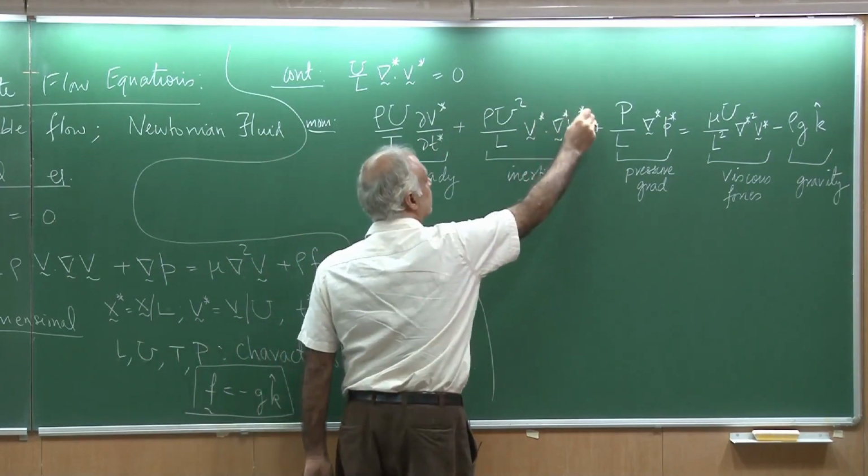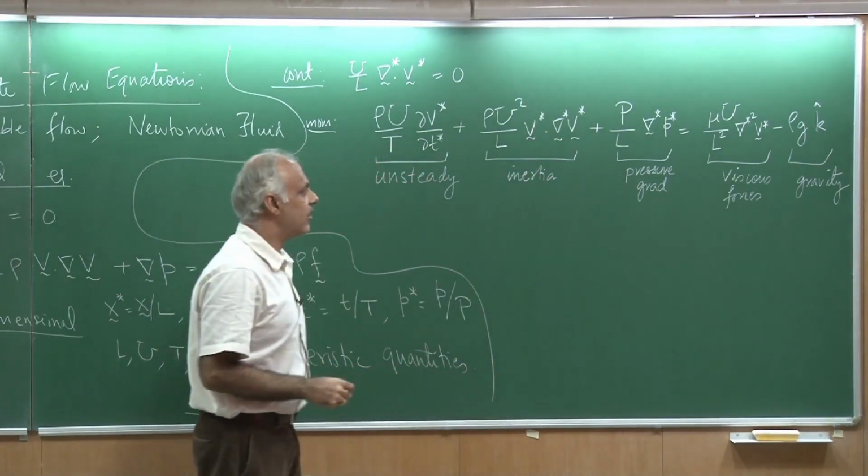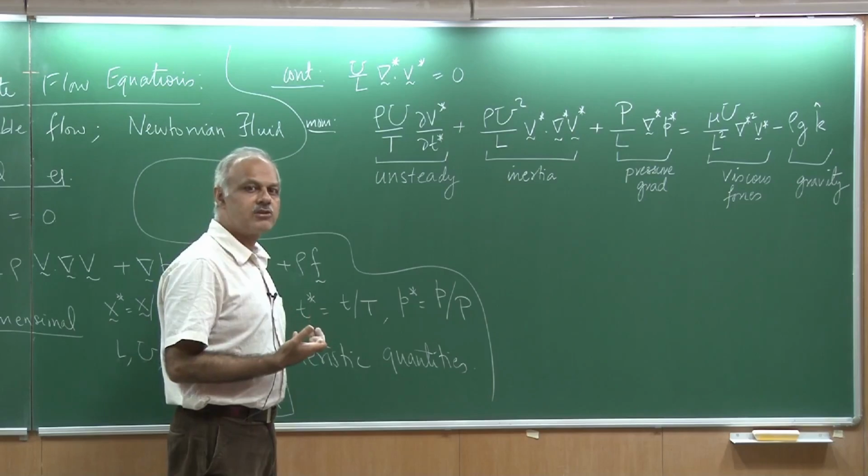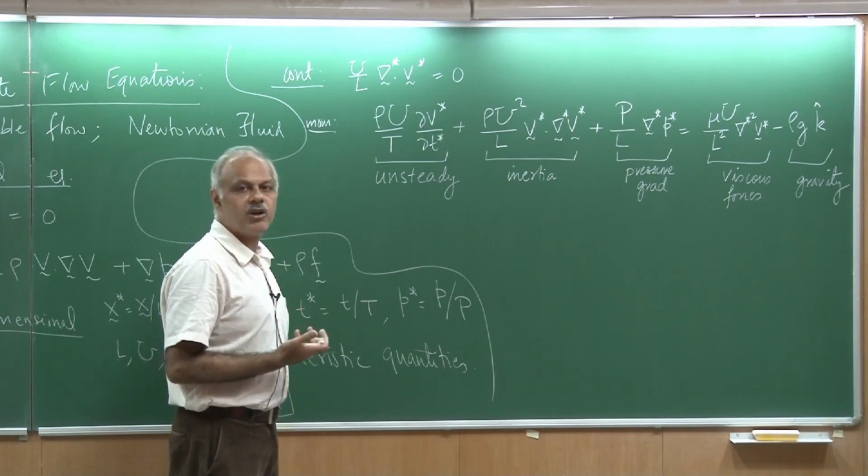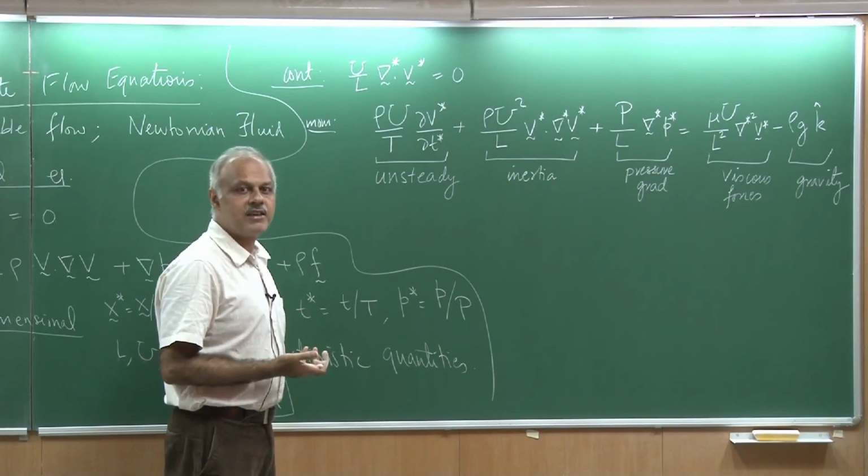Similarly, if I look at V star dot gradient of V star, this term is also of the order of 1, simply because we are using non-dimensional variables.